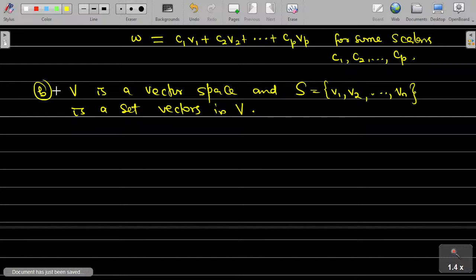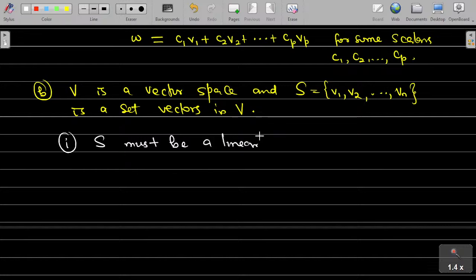By definition, which we have already seen, there are two conditions. The first is that S, which contains these vectors, must be a linearly independent set.